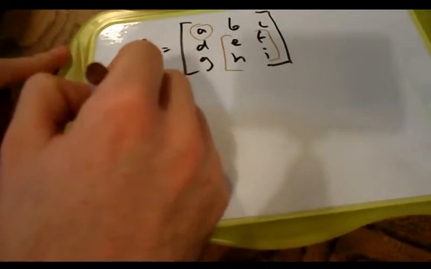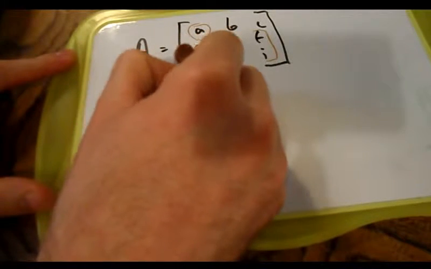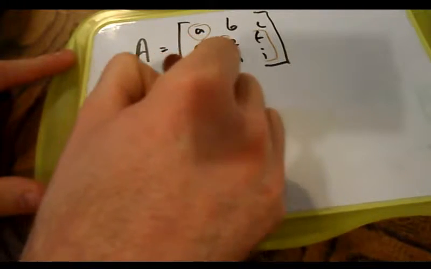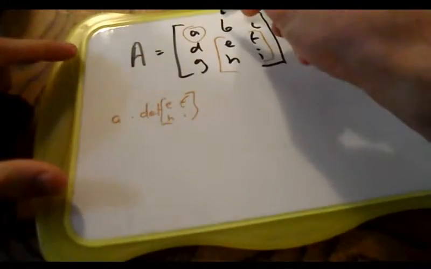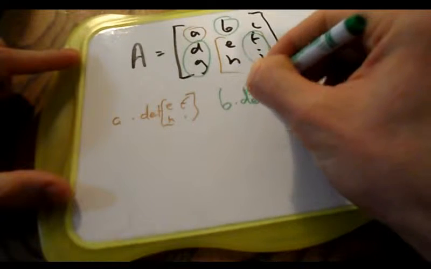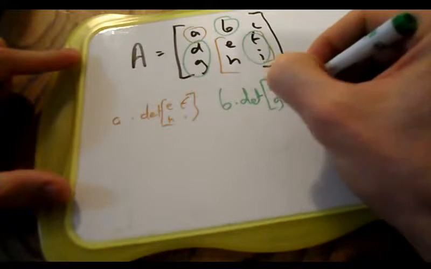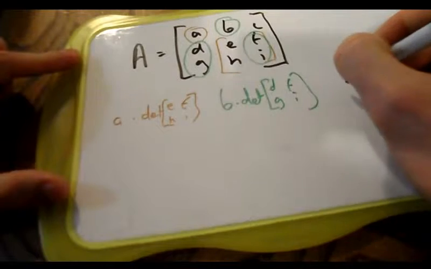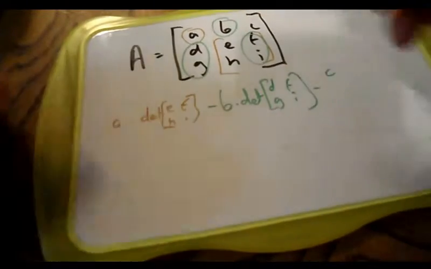So it would be A times the determinant of E, F, H, I, and then it's B times the determinant of D, F, G, I, and then it's C, and you can see where this is going.